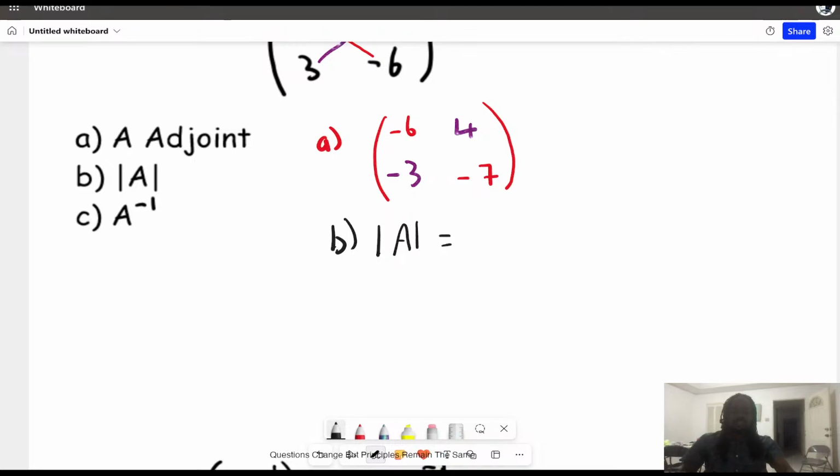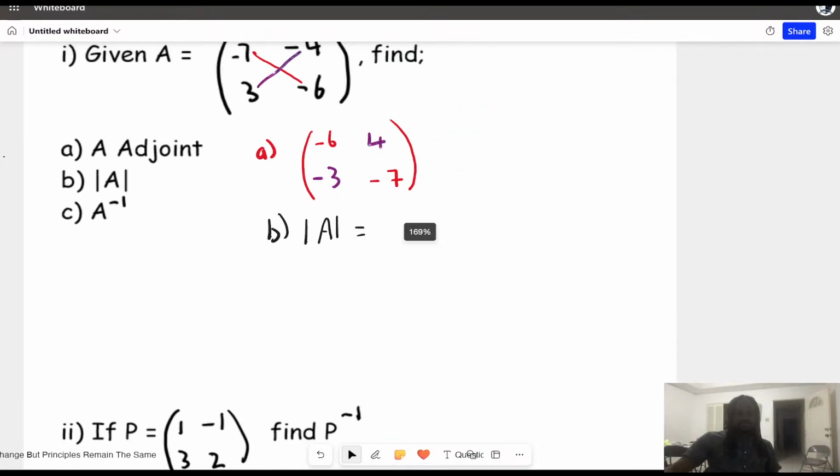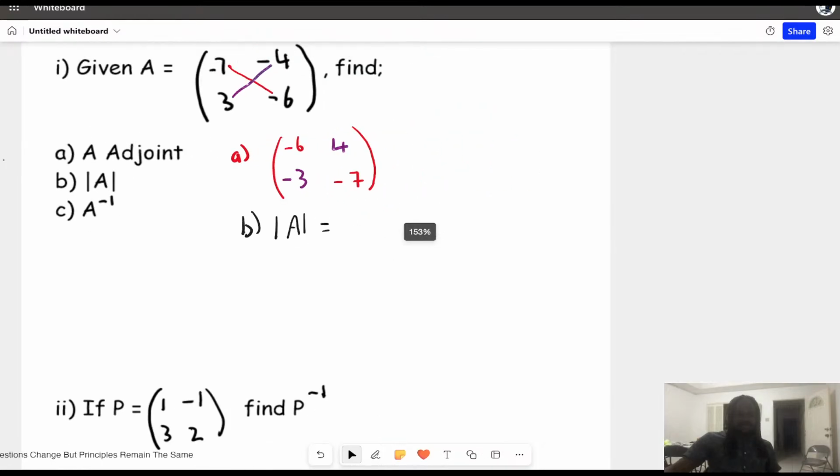And we have already established what the leading is and what the non-leading is. So what is the leading? Those are the ones in red. So negative 7 times negative 6, 42. Minus, what's the non-leading? Those are the ones connected by purple. Negative 4 times 3, negative 12.